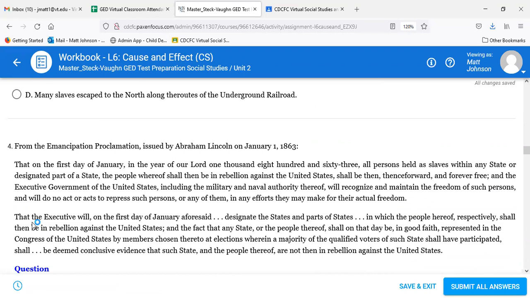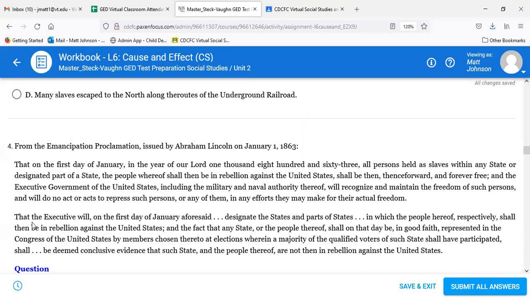From the Emancipation Proclamation issued by Abraham Lincoln on January 1st, 1863. That on the first day of January, in the year of our Lord, 1863, all persons held as slaves within any state or designated part of a state, the people whereof shall then be in rebellion against the United States, shall be then, thenceforward, and forever free.